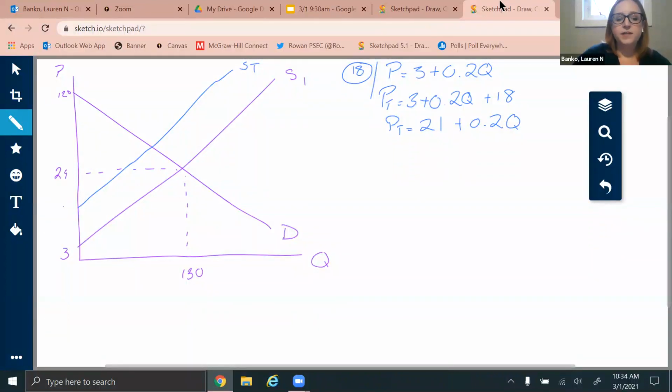Now to make it more official, in this new tax supply, that constant term is 21, and that is their new intercept for price, instead of the original, which was 3. So the supply moves vertically up by the whole tax, by $18.